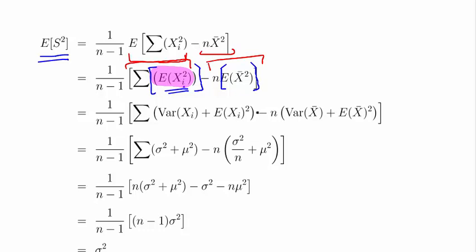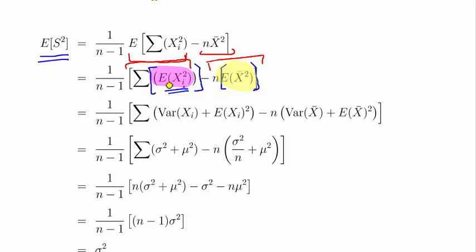You'll notice they have the same format: the expected value of xi squared, or x bar squared. What we're going to do is re-express them in terms of the variance and the expected value squared. So I'll just color them in there.